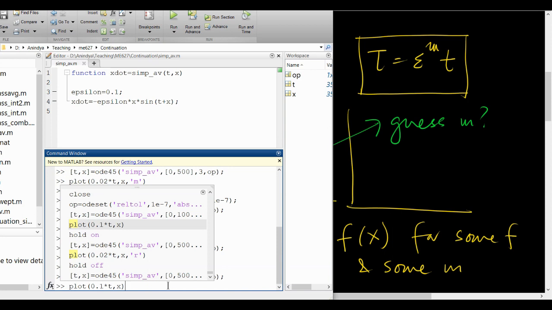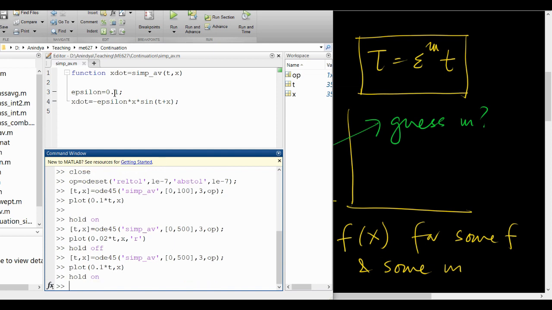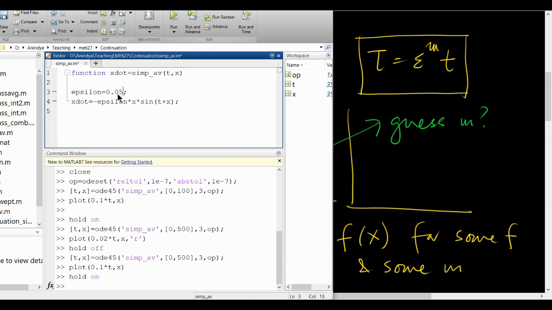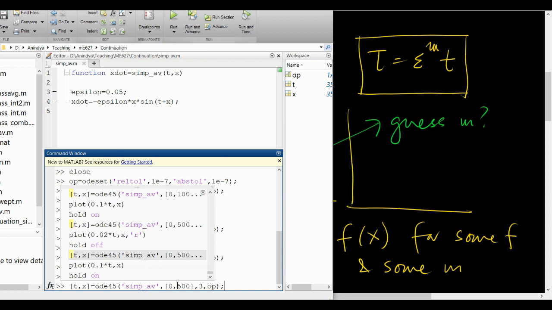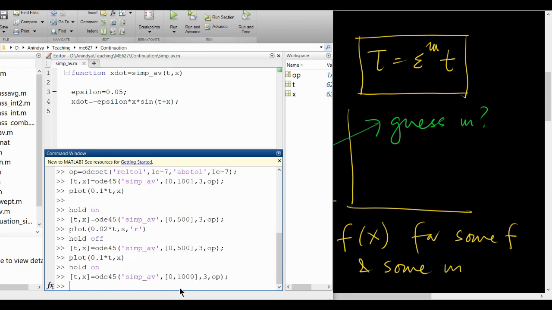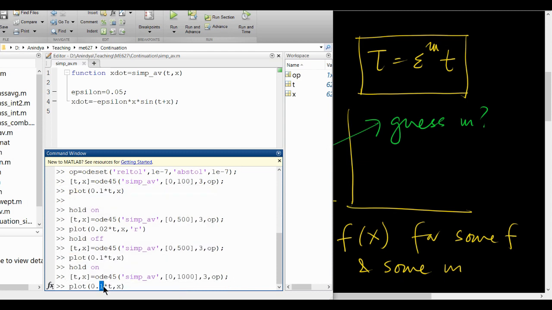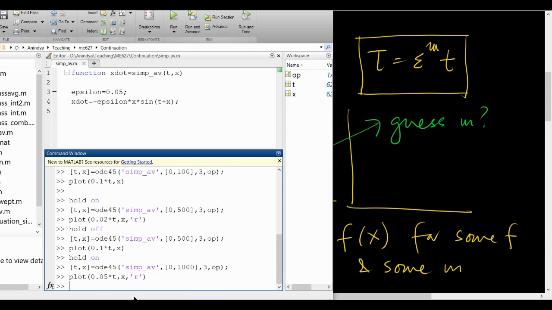Well, let us see first what happens with m equals 1. Okay, so here I have that. I do hold on, then I come here and I make this 0.5. I come here and make that, since I'm guessing 1, I should do 1000. And then I go there and I plot this one as 0.5, and then I plot that in red. Very good. Let's look at my figure.